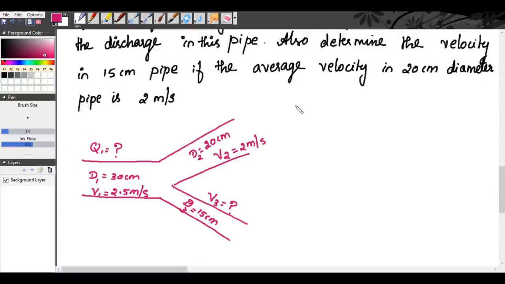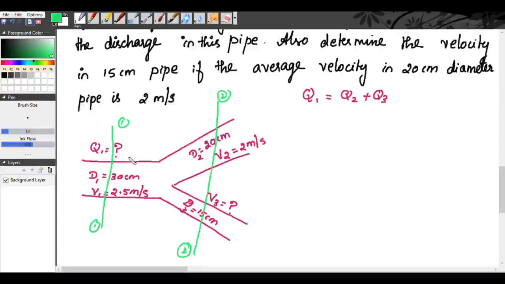See, for this problem, the concept is Q1 will be equal to Q2 plus Q3. Because when you take the section, this will be our section 1 and section 2 you will be taking like this.